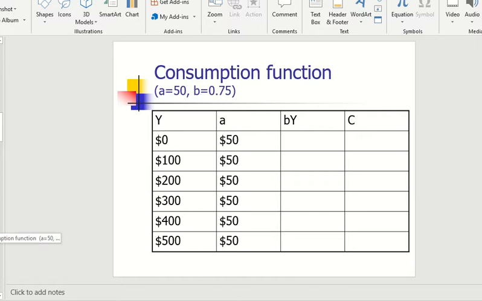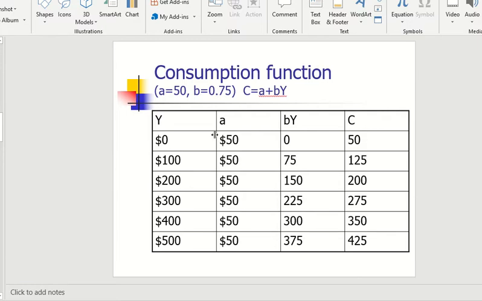So I hope you have spent some time doing the calculation. For calculation, practice is very important. So let's take a look at it. Let's look at the first row. This is the amount of consumption that is dependent on income, B times 0.